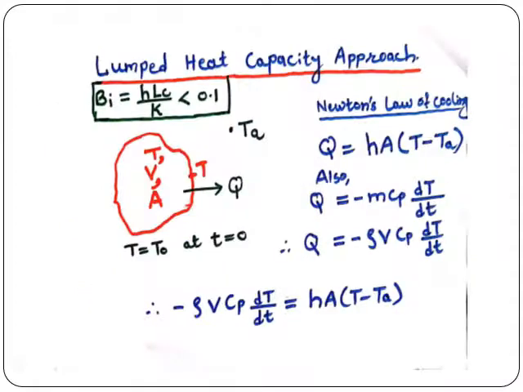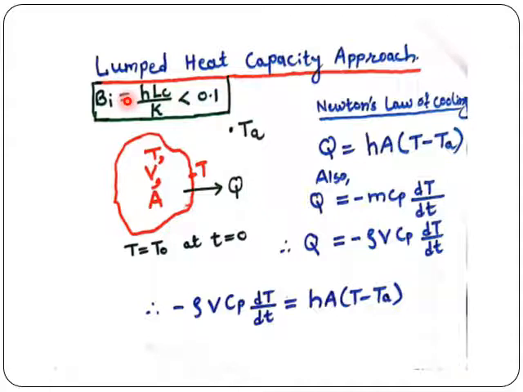So firstly, what is done is we calculate the Biot number. Biot number is hLc by k, which, if you elaborate, is conductive resistance by convective resistance.